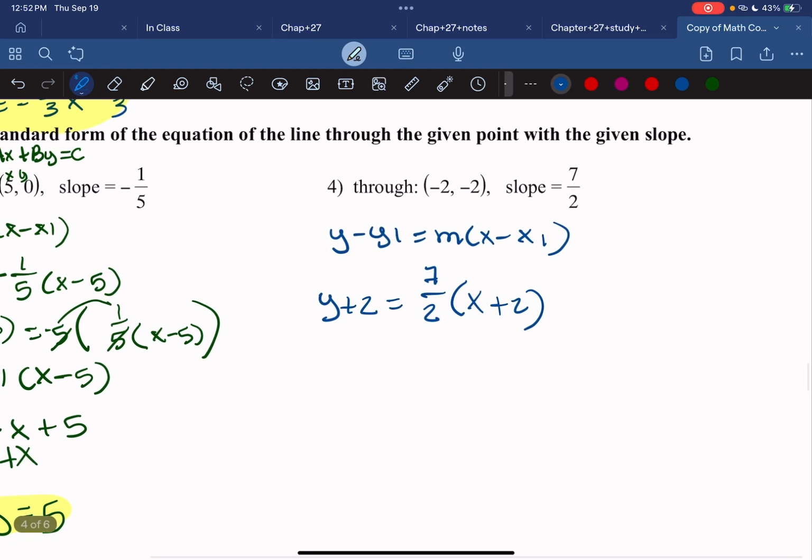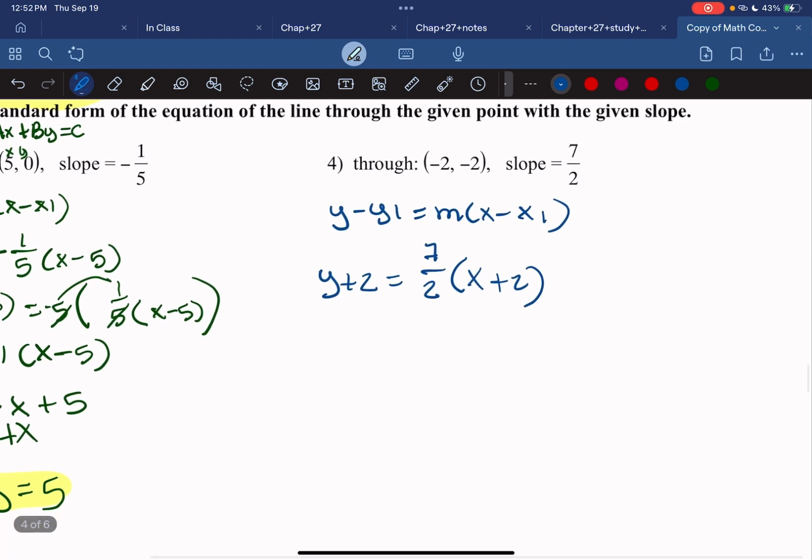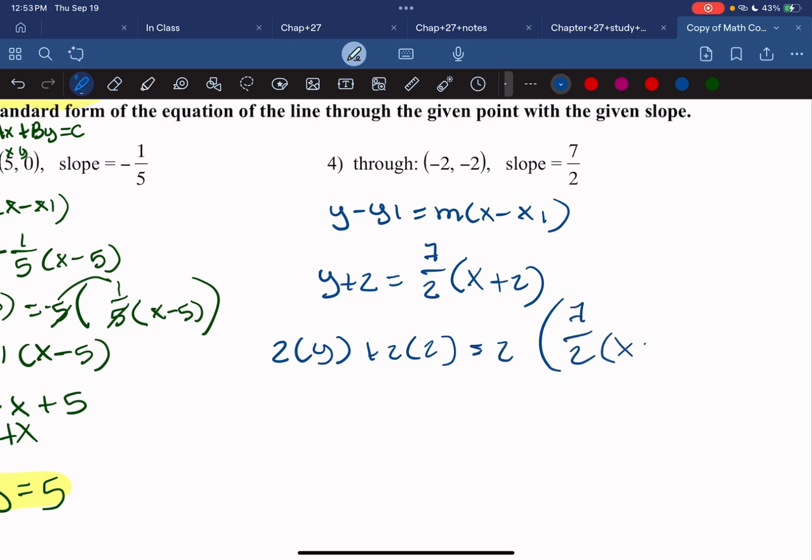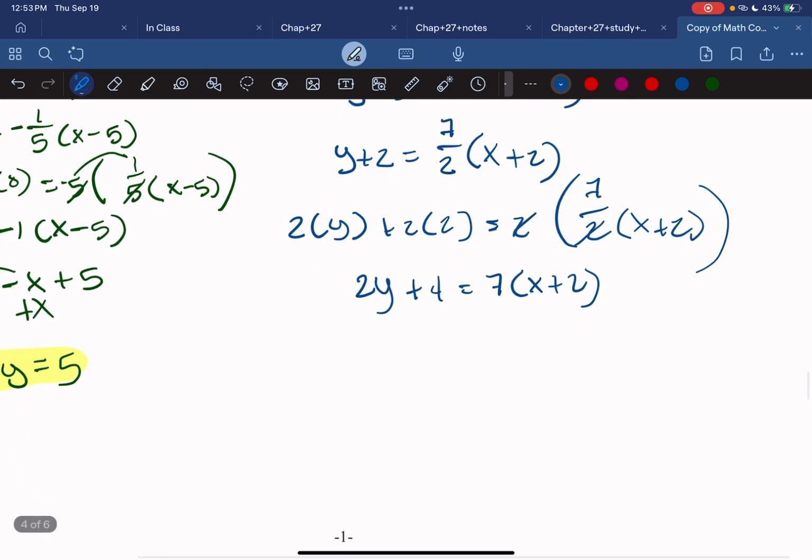Now let's multiply everything in the equation by 2 to get rid of that fraction. 2 times y is 2y, 2 times 2 is 4. These would cancel, leaving us with 7 times x plus 2. Let's distribute that 7 into the parentheses.